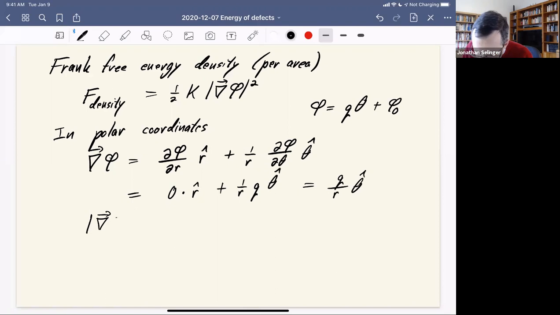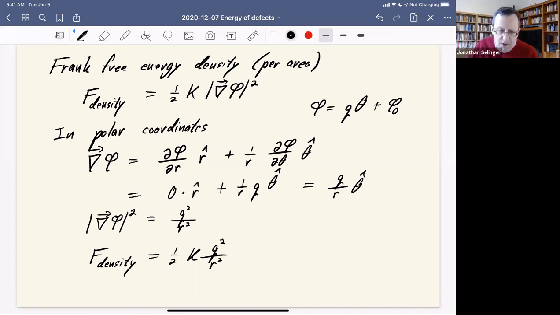So this gradient squared, this thing dotted into itself, is q squared over r squared. So the Frank free energy density is 1/2 K times q squared over r squared. Okay, so far so good?